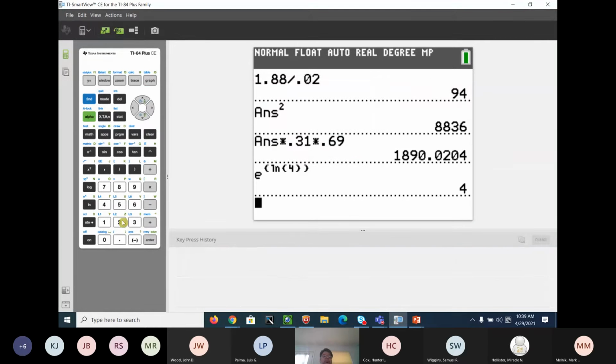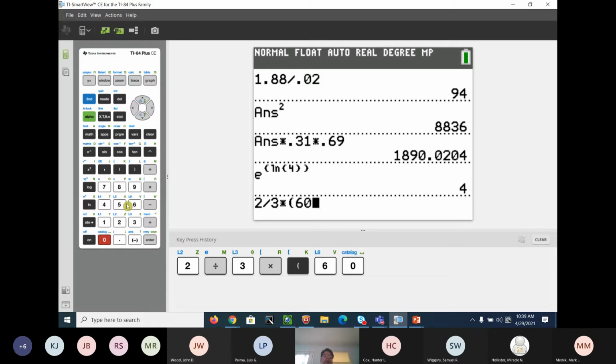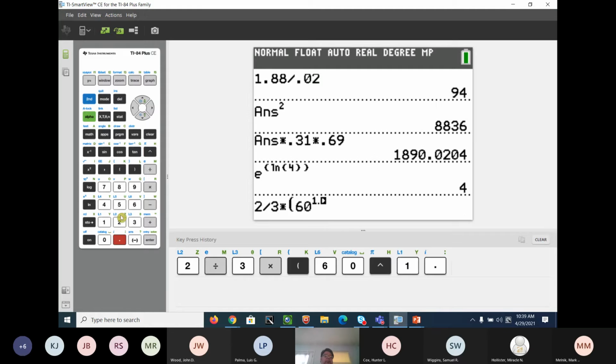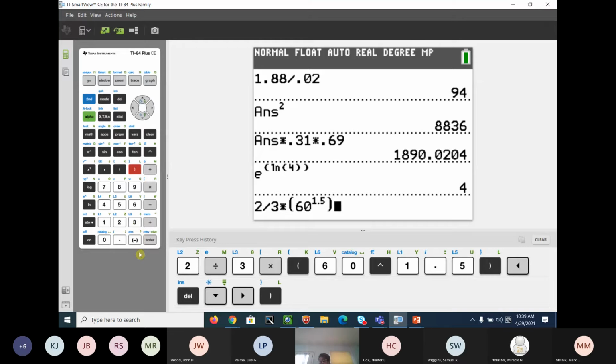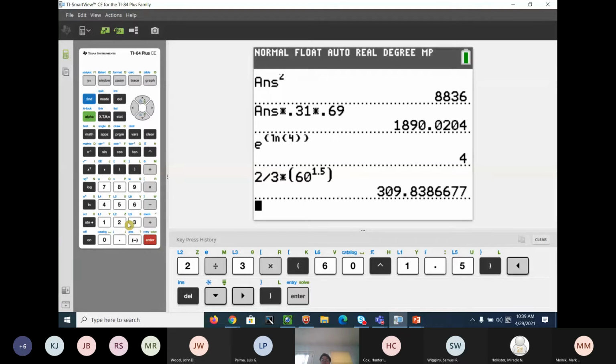I'm going to take 2 divided by 3, multiplied by parentheses 60 to the 1.5 power. And I think that's it. 309.84.